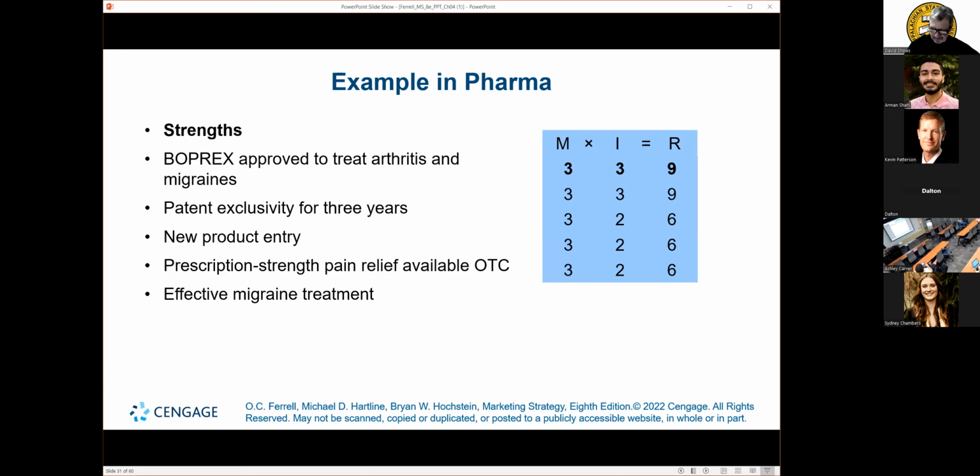And so this is an example of a drug, and what we were looking at is the magnitude of that element and its importance, and then giving it a total rating.